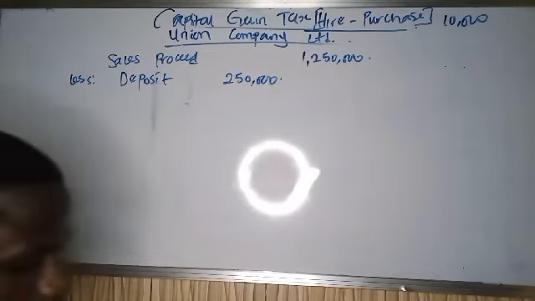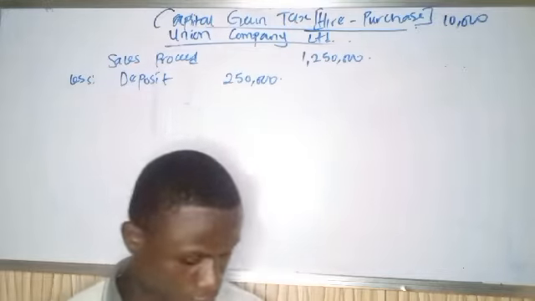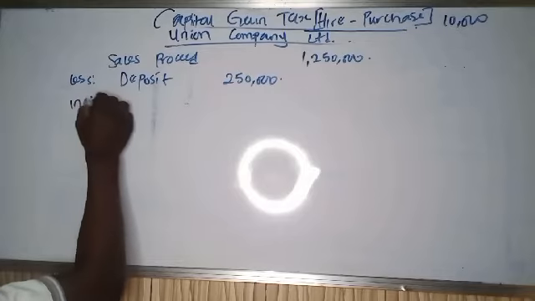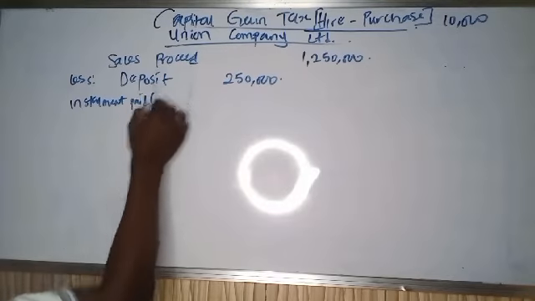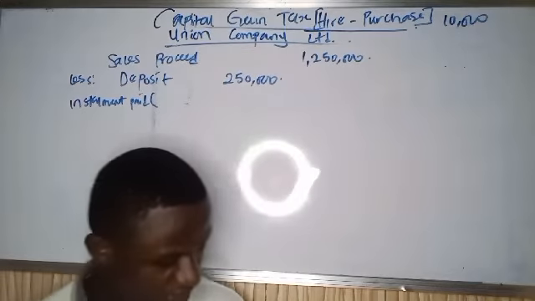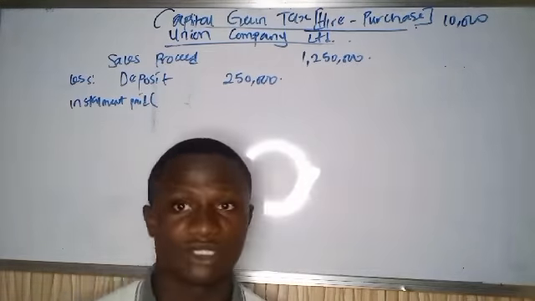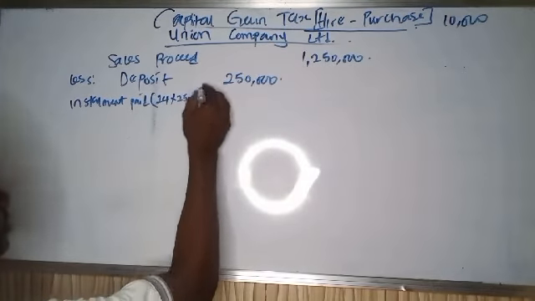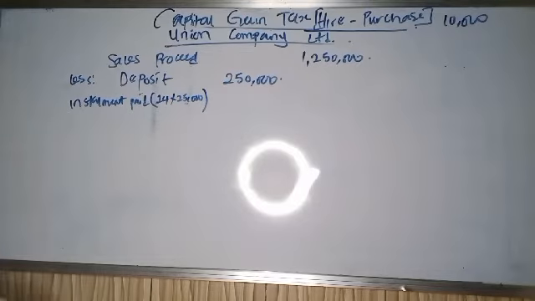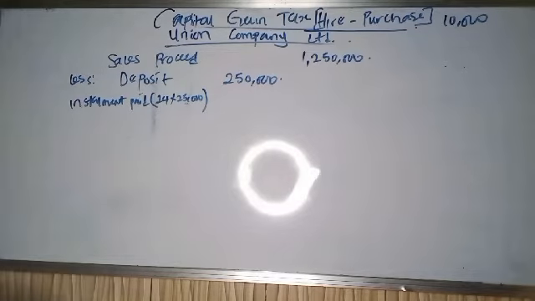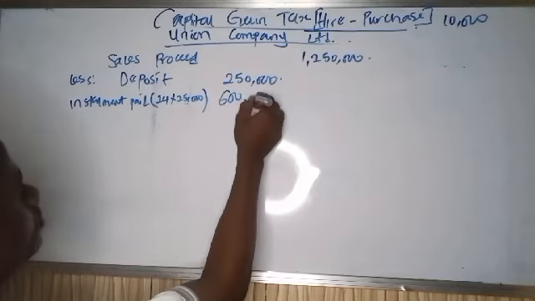For the 24 months, he's going to pay 25,000 naira, so 24 months times 25,000 naira gives me 600,000 naira.